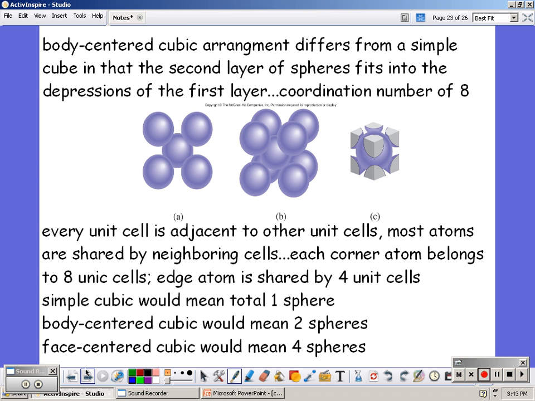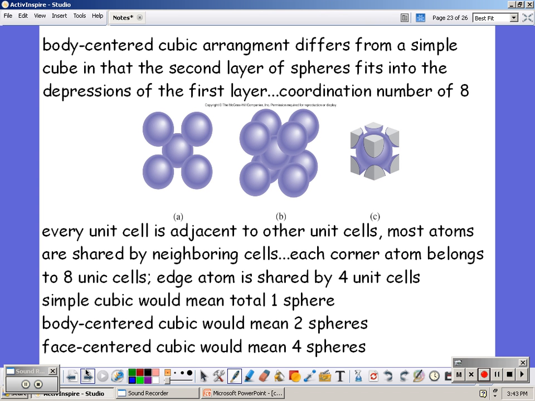Every unit cell is adjacent to other unit cells, so most atoms are actually being shared by all the neighboring cells. When we talk about a corner atom, we're really only talking about 1/8 of that atom. So the corners would be 1/8 of an atom. The edge, being shared by 4 unit cells, would be 1/4.